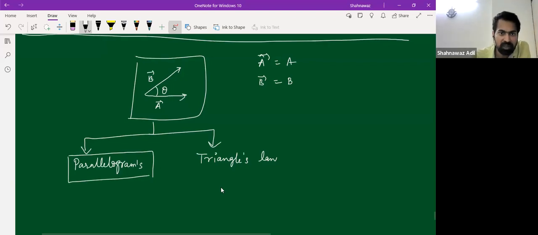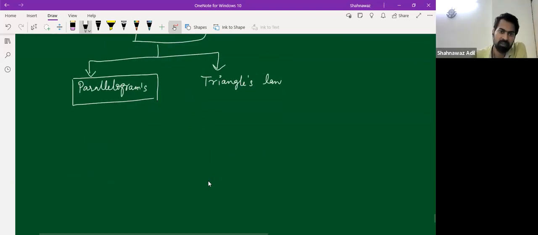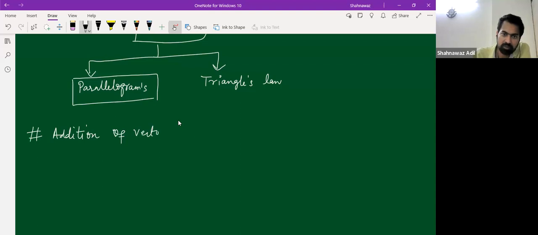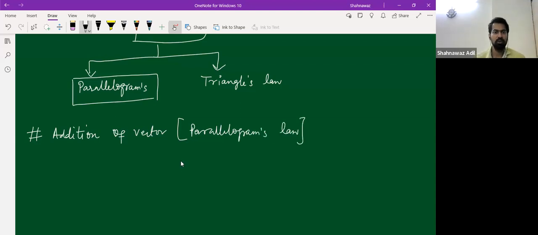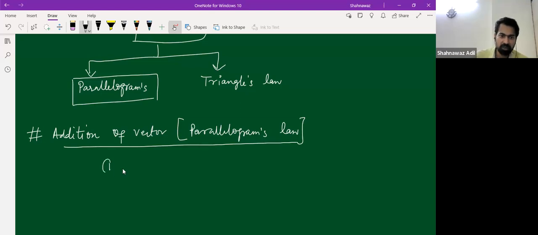Whenever we are given two vectors and the angle between them, to add these vectors we need parallelograms. What is the condition for this parallelogram? The condition is that the vectors have to be co-initial.